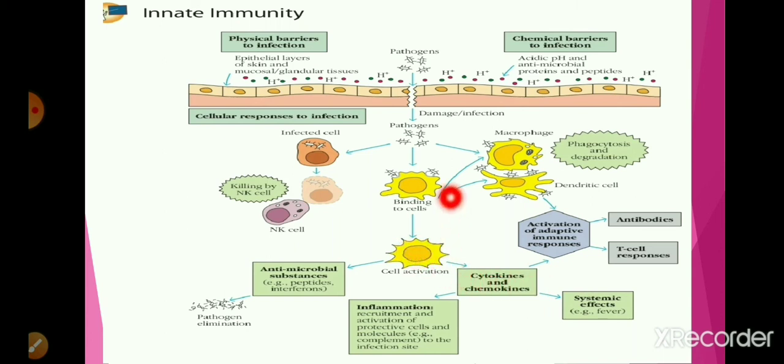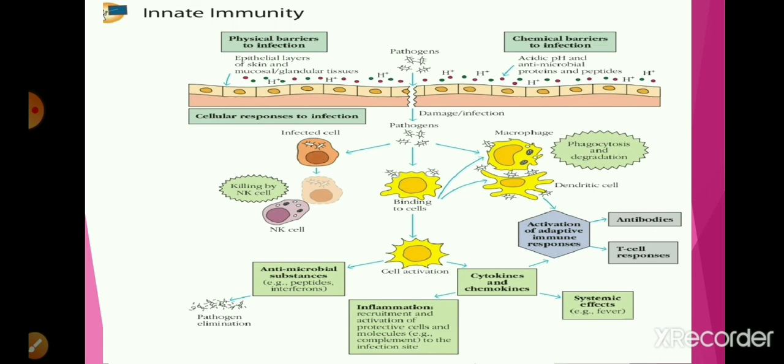Dendritic cells, cytokines and chemokines also activate the adaptive immune response, which then starts to form antibodies or T cell responses, that is, T killer cells or antibodies, which fight against the microorganism. So all these are the overview of the innate immune system.